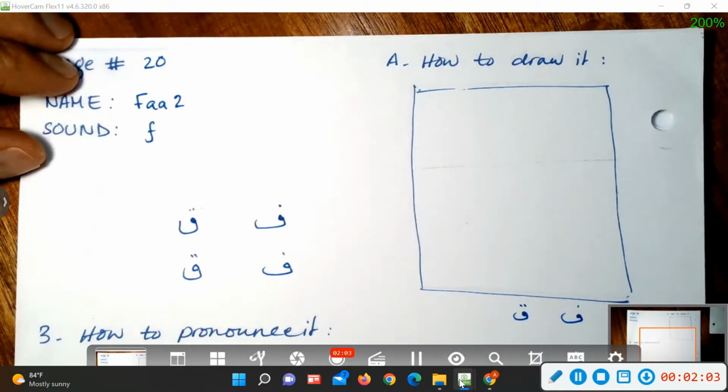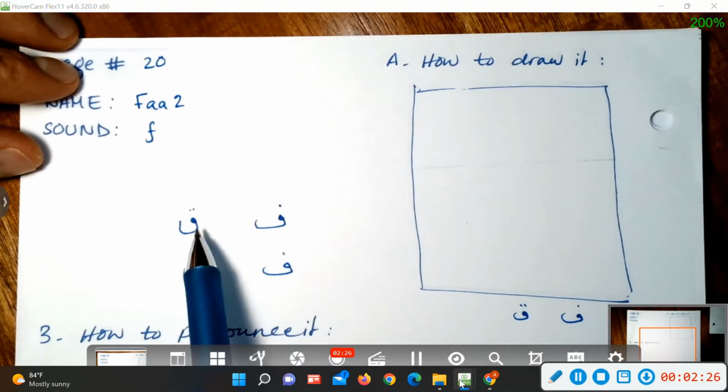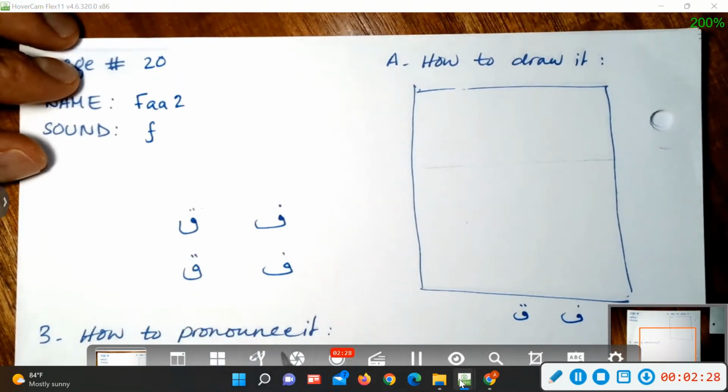So that's why in Arabic letters you only need to know how to draw a few letters correctly, and then based on those few letters you'll be able to make small adjustments and draw the other letters, like Ba to Fa, Noon to Qaaf.